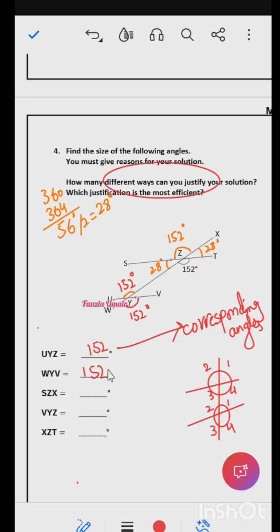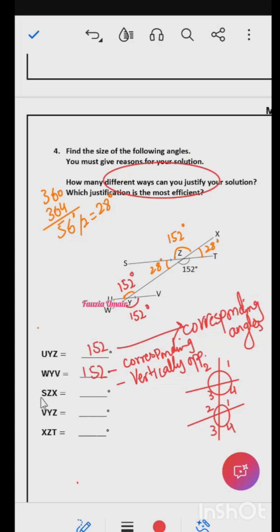For this angle you can have two justifications. One is that they are corresponding, ठीक है? And what would be the other? One is that they are vertically opposite angles. Very good. तो दोनों तरह से हम कह सकते हैं कि this angle is 152.